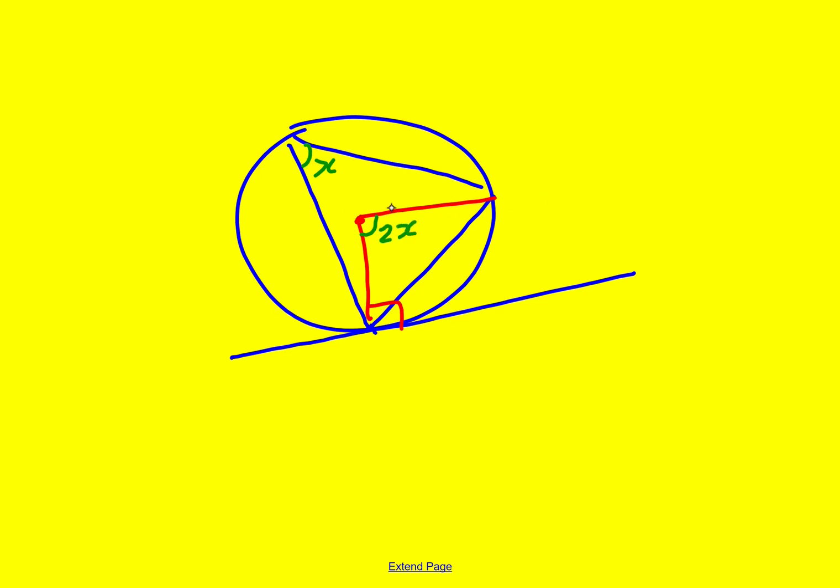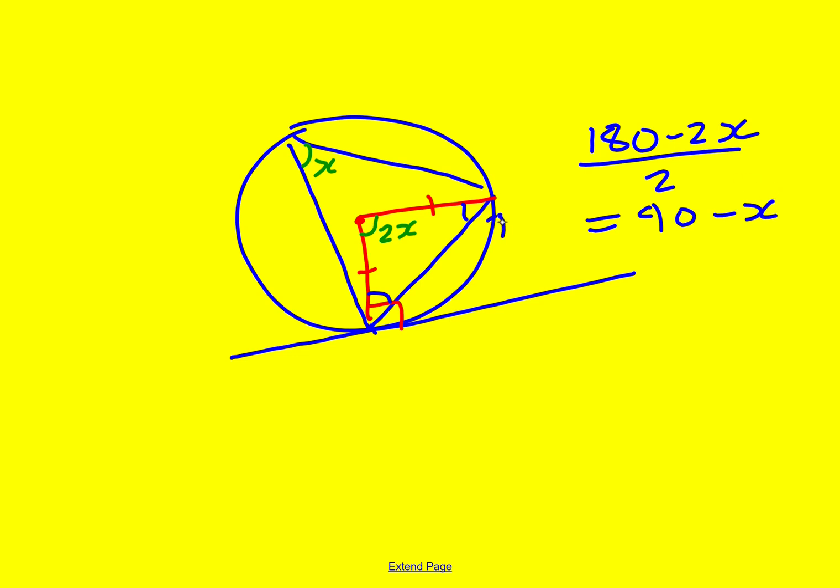And because now I've got an isosceles triangle, it must be that these two are the same, because these lengths are the same, and they have to add up to 180 in total. So for these blue ones, I need to do 180 minus 2x and divide that by 2, which is the same as doing 90 minus x. So each of these blue angles is 90 minus x.